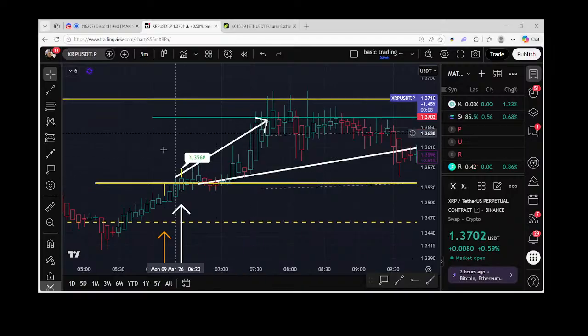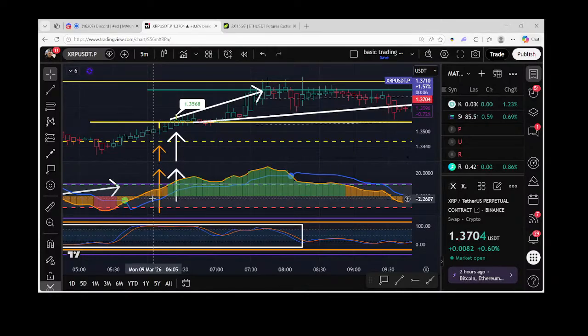Most of the time, just so you know, what you want to have is the 5-minute volume breaking the 10 threshold anyway. That just gives you another layer of security to where you're at.